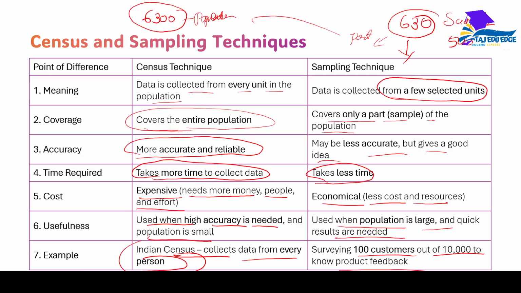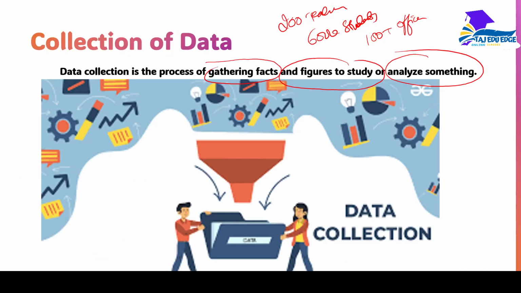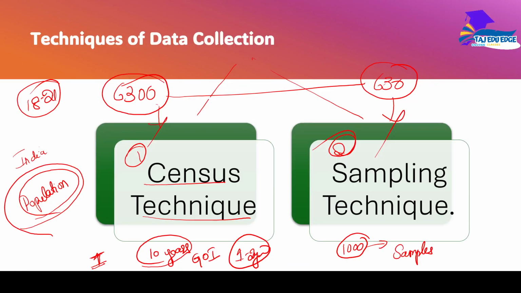I hope that you have understood the meaning of collection of data. The techniques of data collection here include census and sampling. In the examination, they may ask you a 2-mark question: what do you mean by census technique? Or what do you mean by sampling technique? Or even what do you mean by a sample?